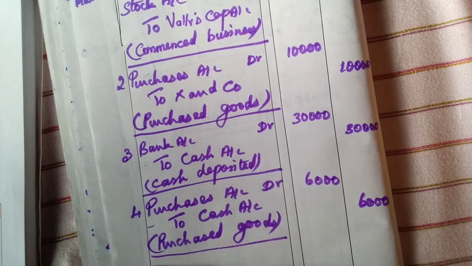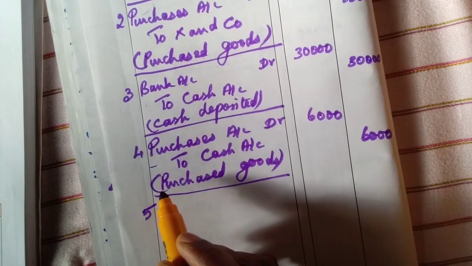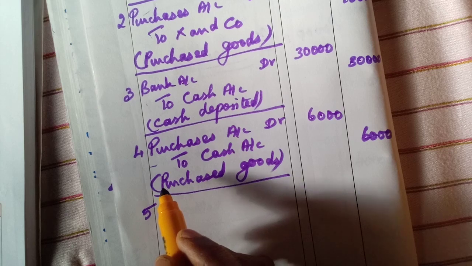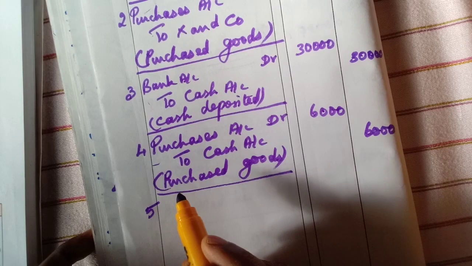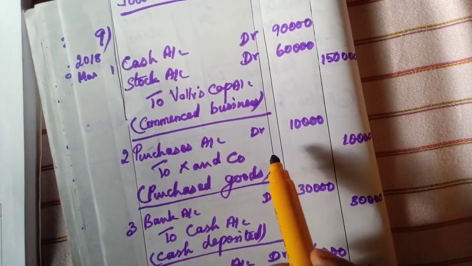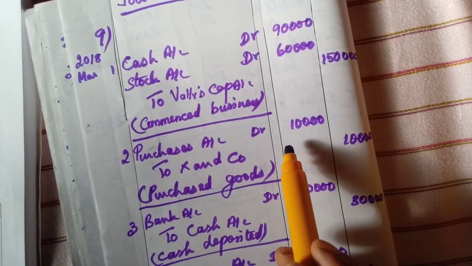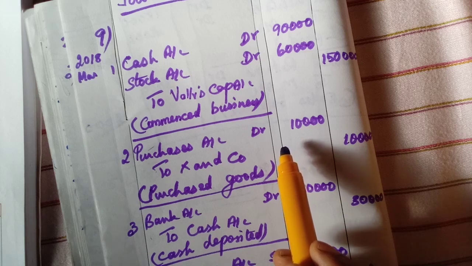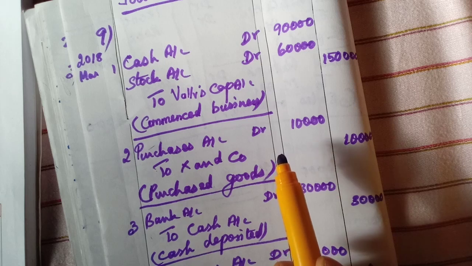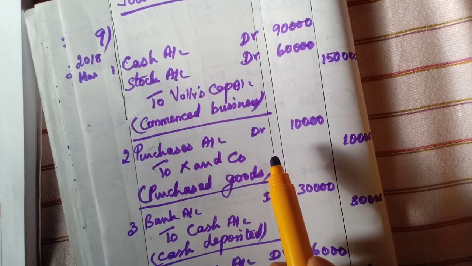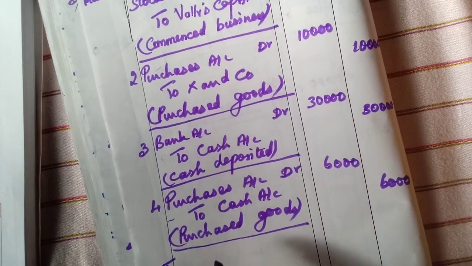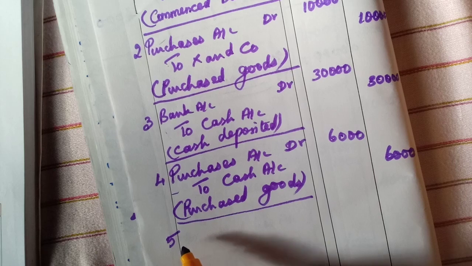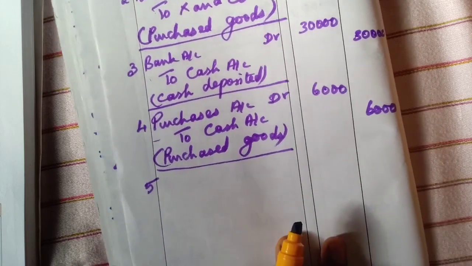Okay. Then 5. Paid X & Co through NEFT. That is the second date. Here the amount is not given. So we have purchased from X & Co for 10,000, and we are paying through NEFT. So he is the receiver, so we will debit. NEFT, National Electronic Funds Transfer, means we are giving the money through the bank. So the bank is the giver, that we have to credit.